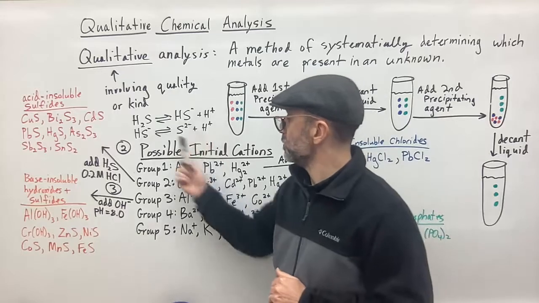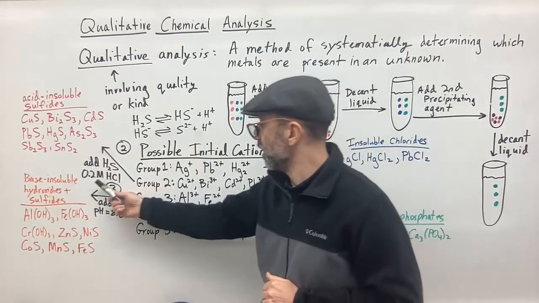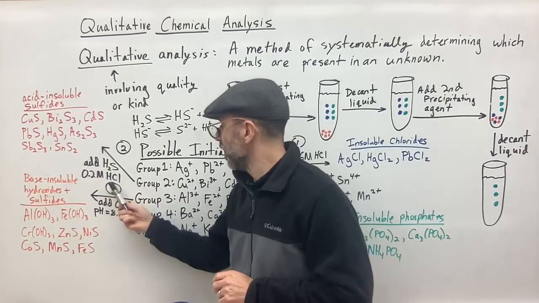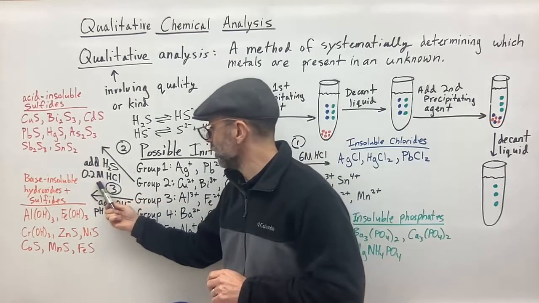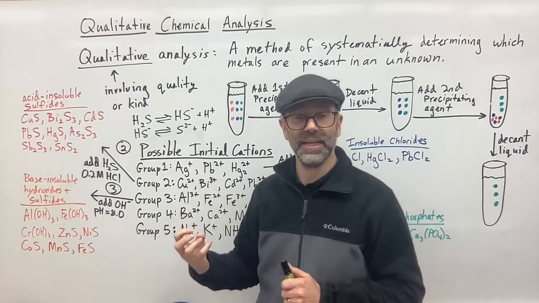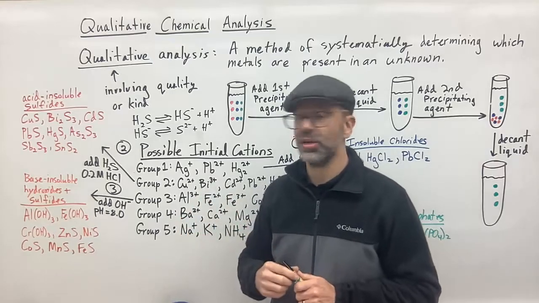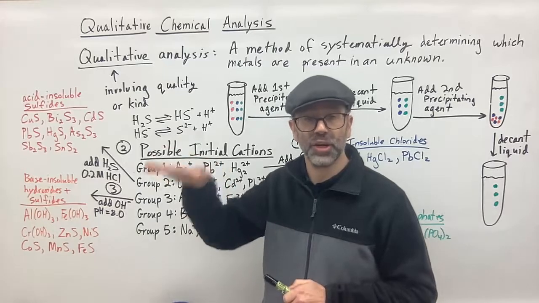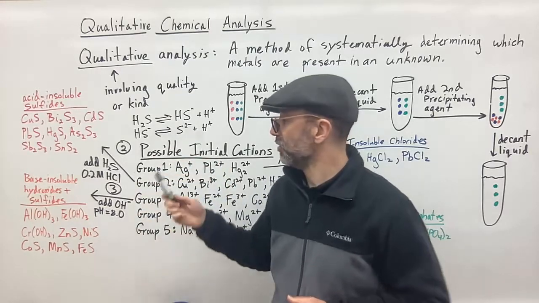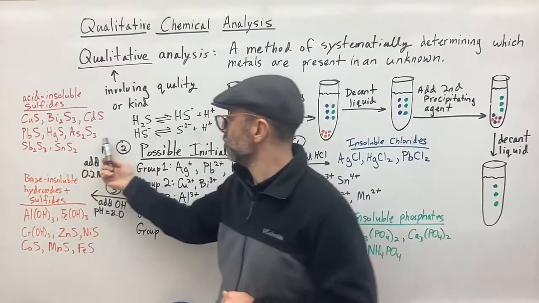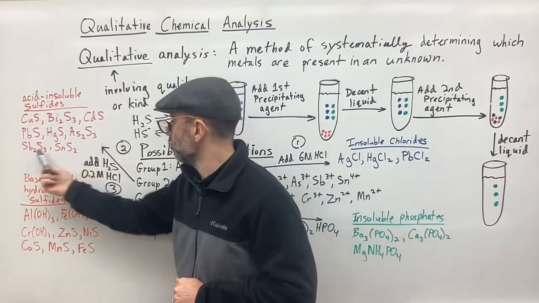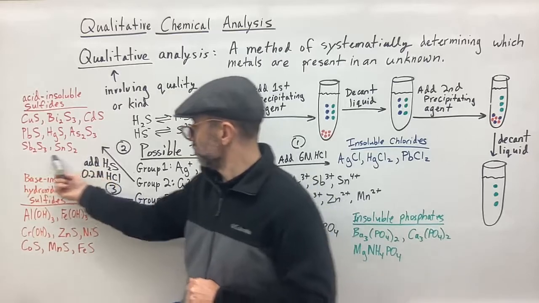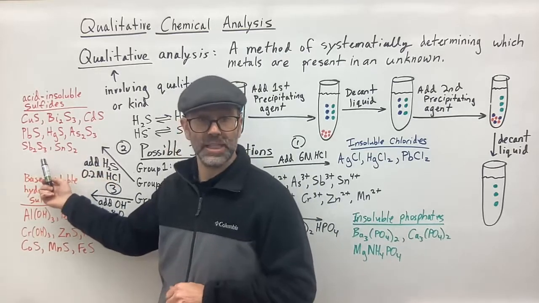So the purpose of the hydrochloric acid here is to make sure it's acidic, and therefore make sure that my sulfide ion concentration is very, very low. That means that only those sulfides that have a low KSP will precipitate.